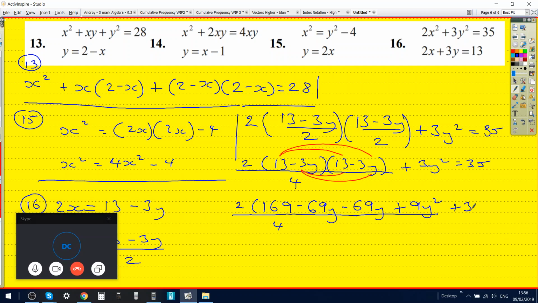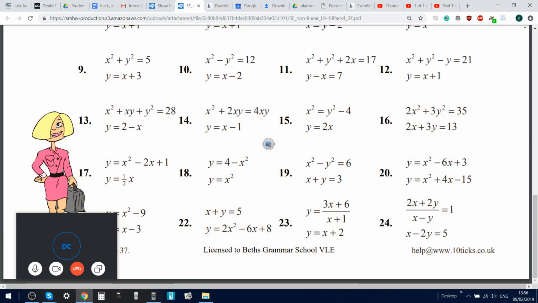Yeah, okay, I see where I went wrong. So it's just double brackets, even though there's lots of other stuff around it. And then you just go from there. I mean, it's pretty insane. No GCSE question has come up like that. Okay. So that was 16.